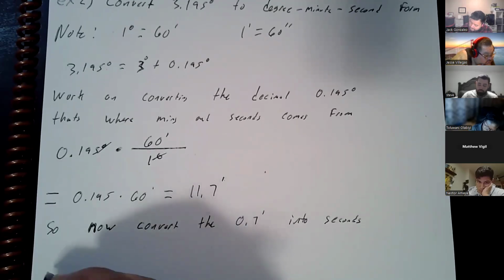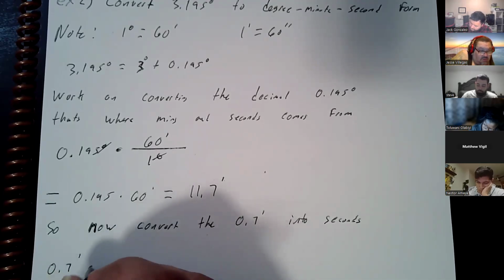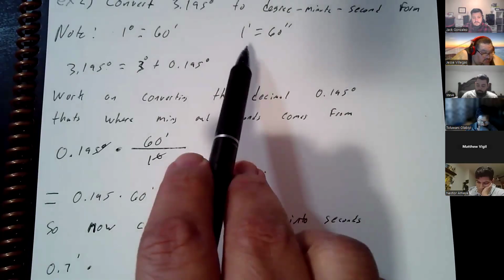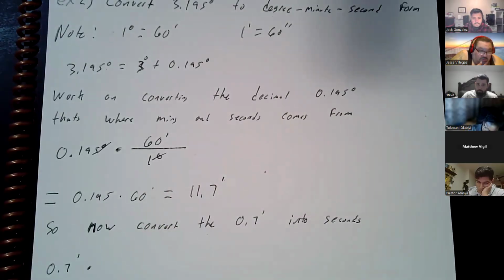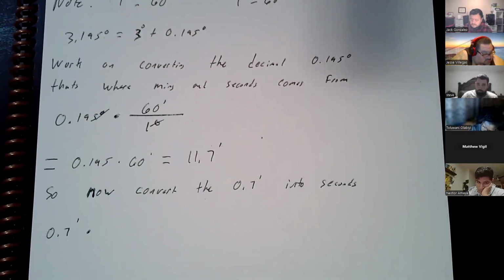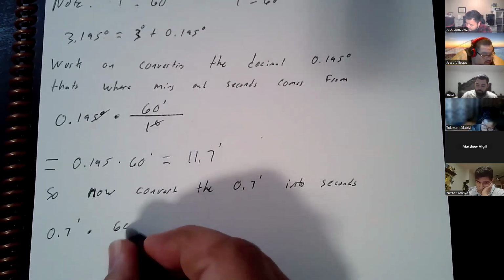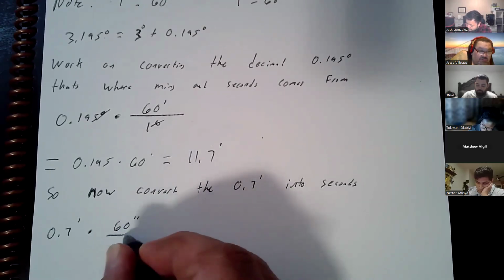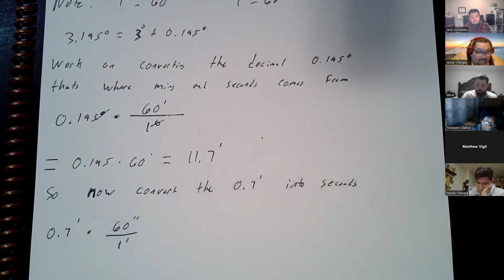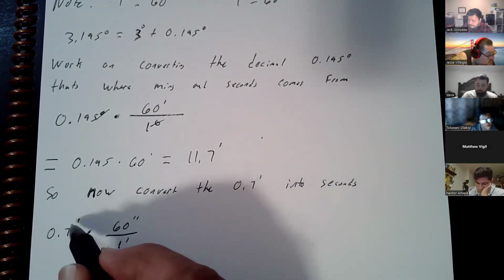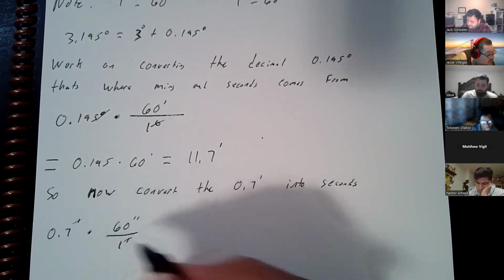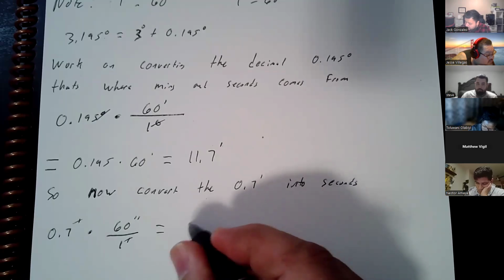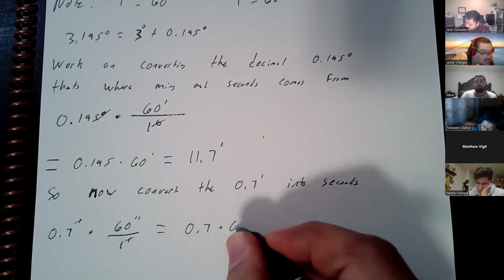Okay. So now you have 0.7 minutes times, use this conversion factor, right? That's going to be 60 seconds over 1 minute. So minutes will be canceling, leaving you with 0.7 times 60 seconds.